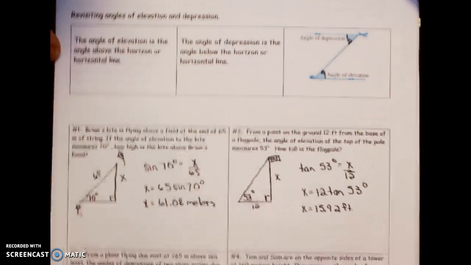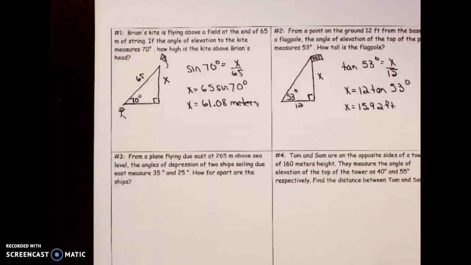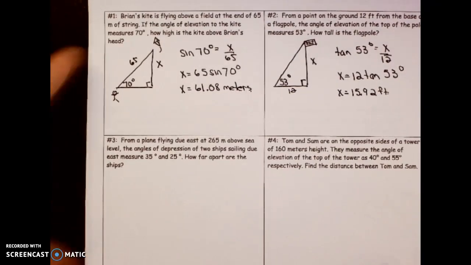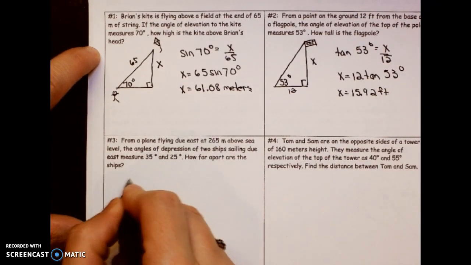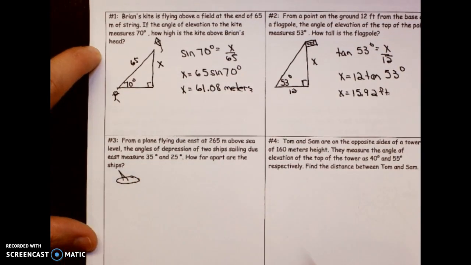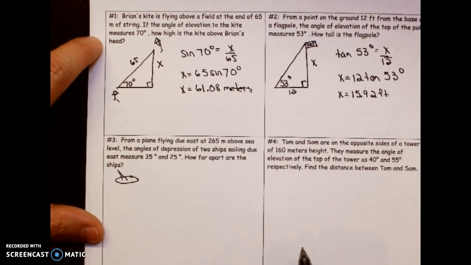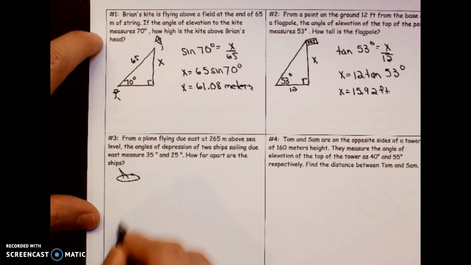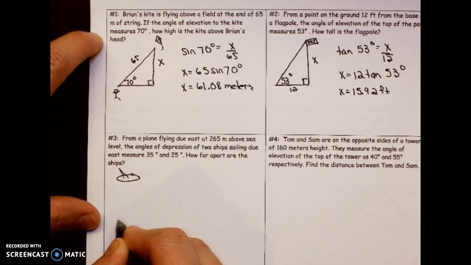Alright, 3 and 4. We saw one similar to this at the beginning of the unit, but it's been a while. You have a plane, and I'm not going to do a very good job drawing it. It's flying due east at 265 meters above sea level.